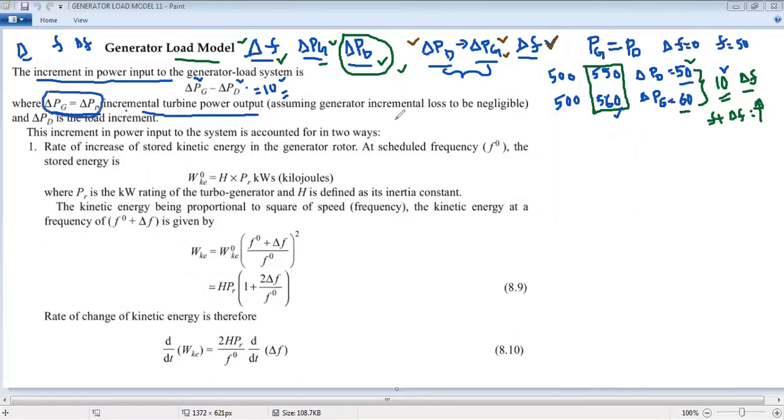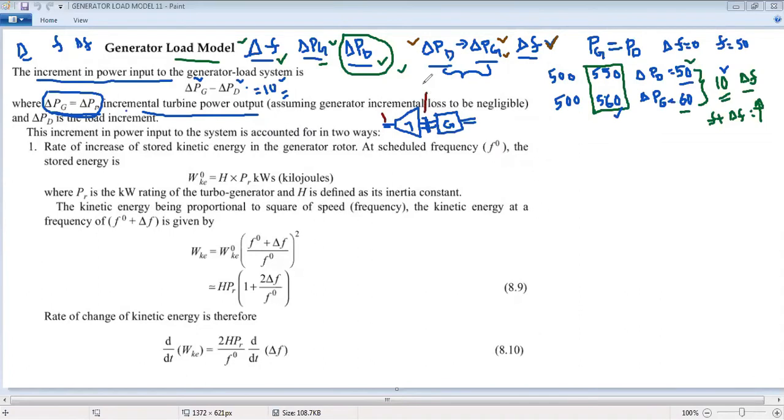In this condition, we have the turbine, and the turbine is coupled to the generator. Here are the input and output of the turbine.